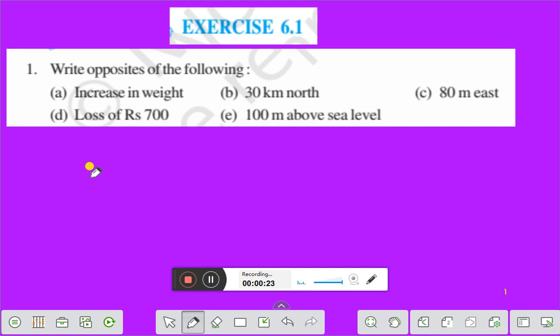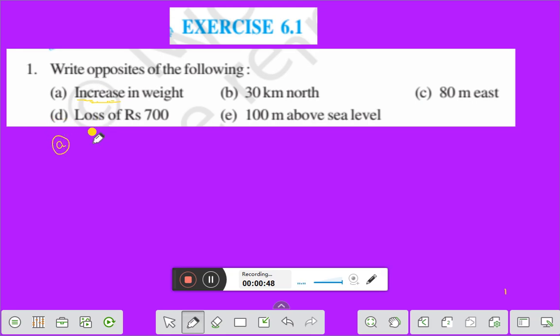Now if we write the opposites of the following, first you have to know what is the opposite of the word increase. What is the opposite of the word increase? The opposite of word increase is decrease. Therefore, it is increase in weight. Therefore, the opposite of the following will be decrease in weight. Right? Therefore, A. It is increasing weight.